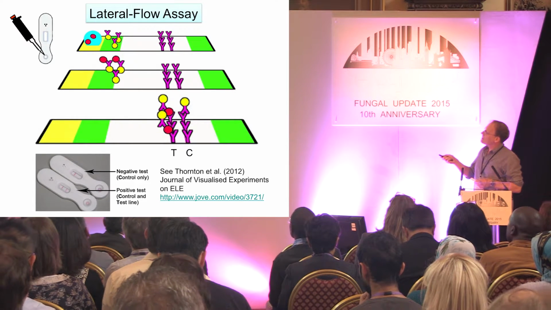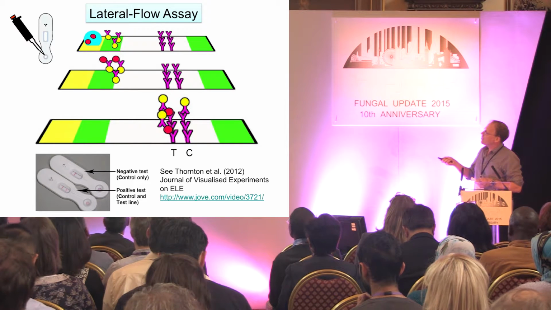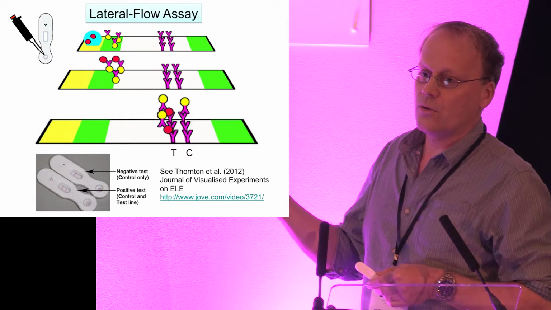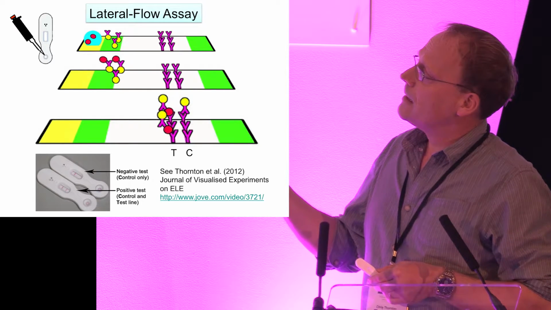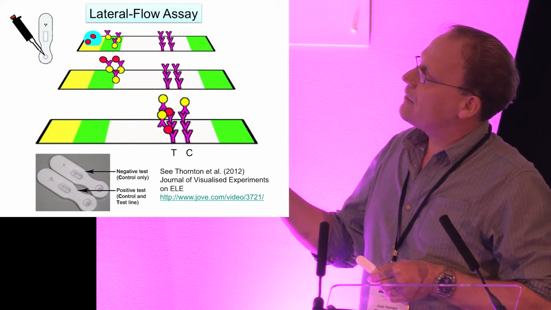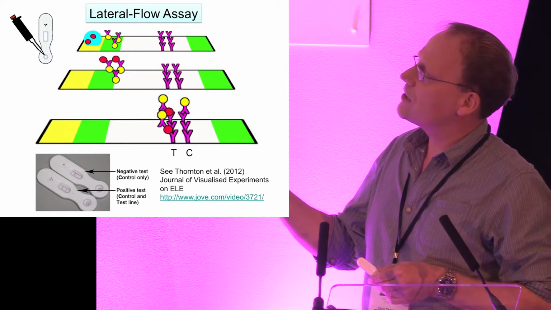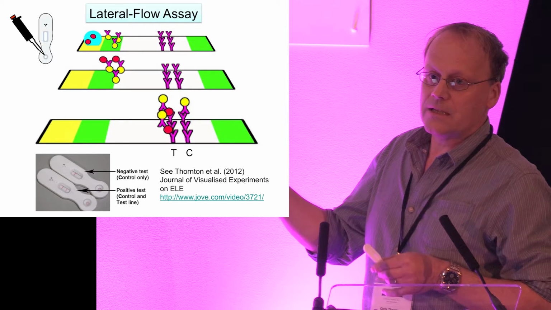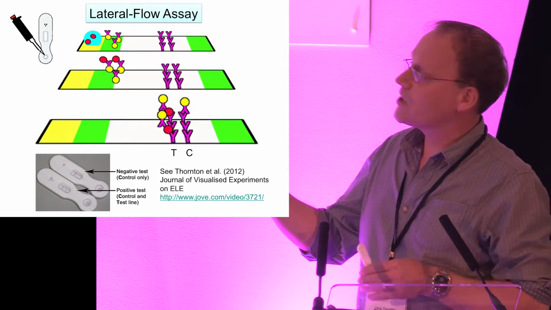A nitrocellulose strip that has a release pad at this window here where you add your 100 microliters of serum sample or BAL fluid. As the fluid goes in, if it contains the target mannoprotein antigen, it's picked up by the JF5 antibody that has 40 nanometer gold particles attached to it.